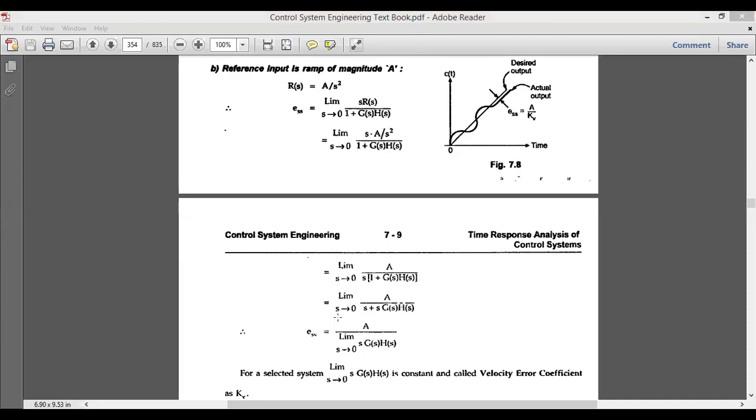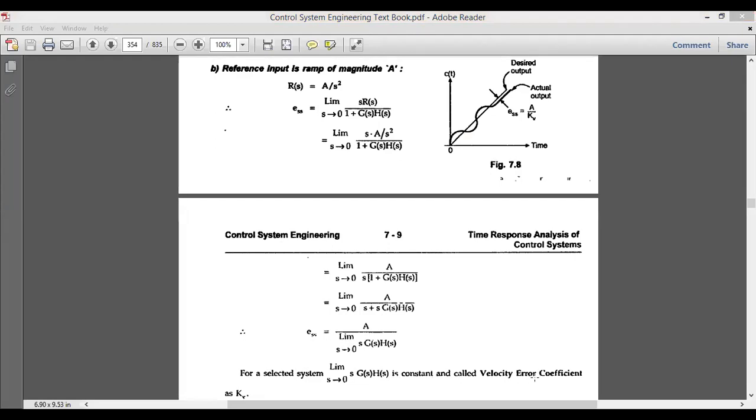If it is a ramp signal, then the limit s tends to 0, s multiplied by G of s into H of s is a constant, and this constant is called the velocity error coefficient.